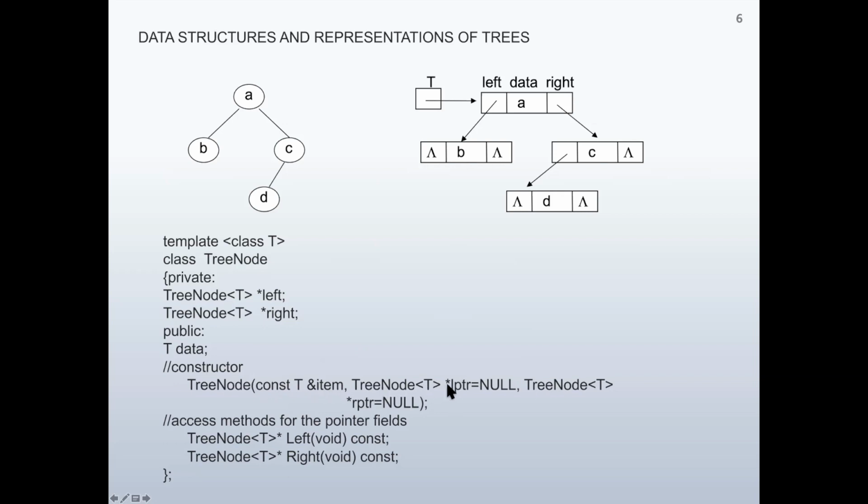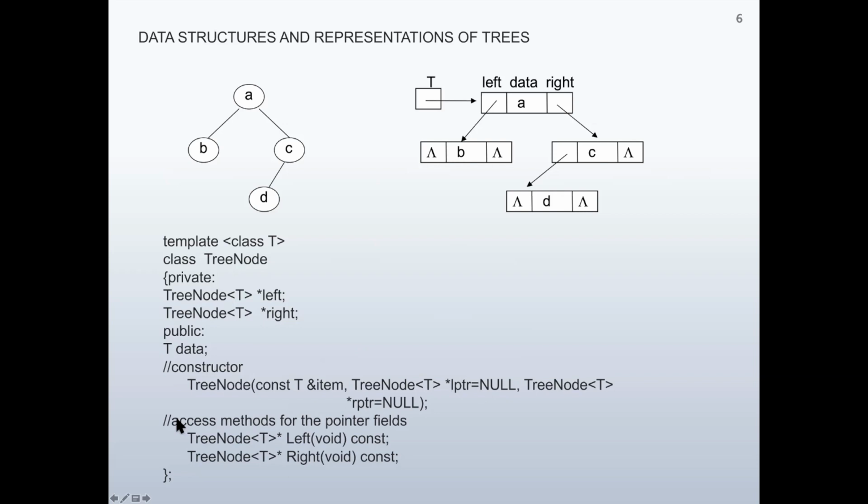We have pointer LPTR, which is a pointer to tree node initialized with null, and also RPTR, which is initialized to null, and it's a pointer to tree node of type T. If no data is provided for the link fields given here, their value will be null by default.